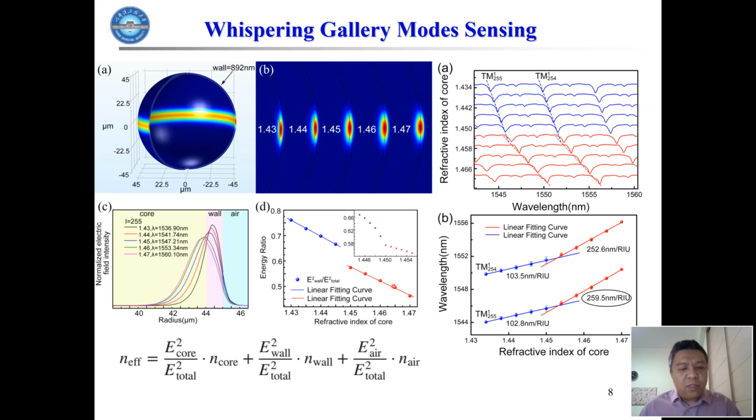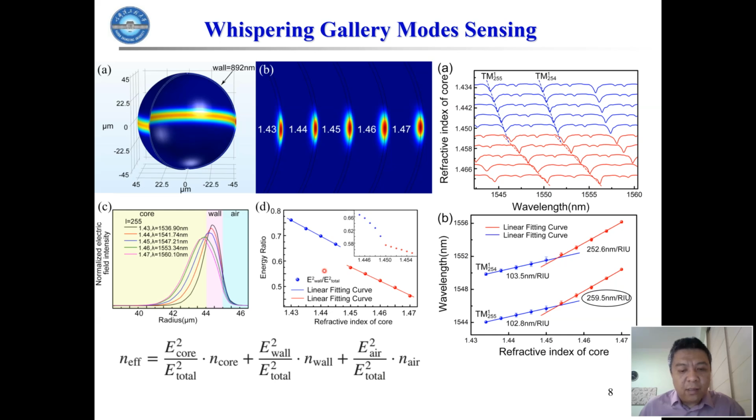The distribution of the electromagnetic field is simulated by COMSOL software. As the refractive index goes from 1.45 to 1.47, we found the resonance light changes from the wall to the core. An interesting thing is that near 1.45, the resonance has a jumping point.